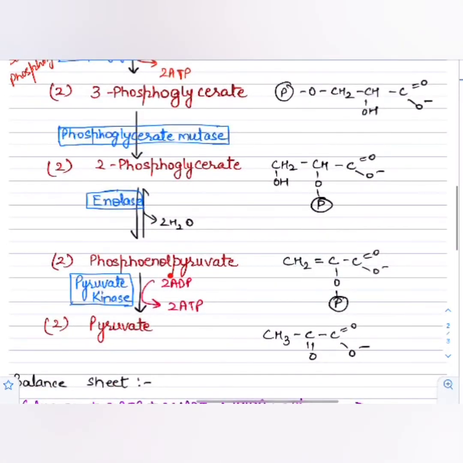So this is the second substrate level phosphorylation reaction of glycolysis, and there are two substrate level phosphorylation reactions in glycolysis pathway where the substrate molecule donates one phosphate group to ADP so that it can become ATP. So phosphoenol pyruvate, the group is donated to ADP so that it can become ATP, and the product is pyruvate molecule.